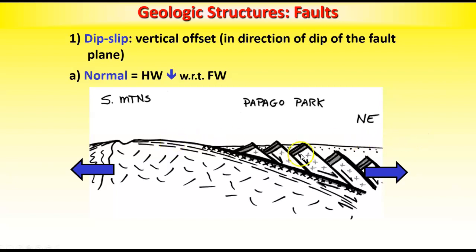And so what we're seeing here is it's a little more complicated, of course, in the real world. But look, this is the main fault here. And so we could say that above it is the hanging wall. These blocks have actually been pulled apart. And so our hanging wall in this case has broken into multiple pieces.